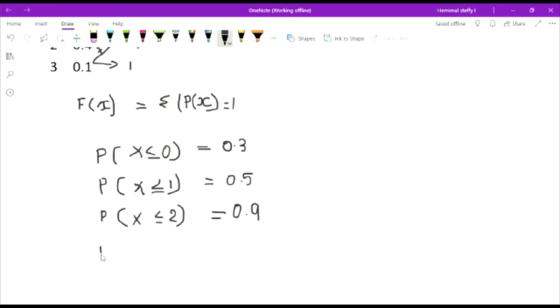Then probability of X less than or equal to 3 is equal to 1. Okay, is it clear, children?